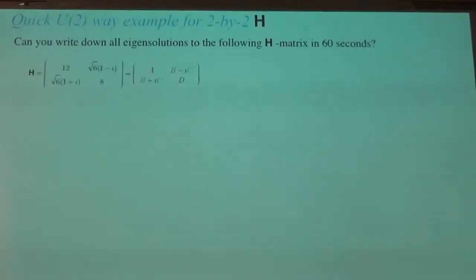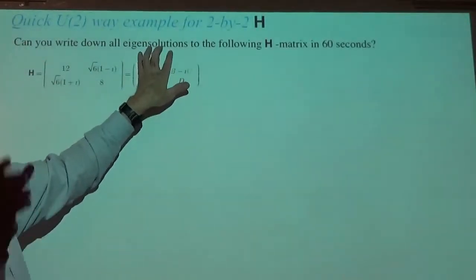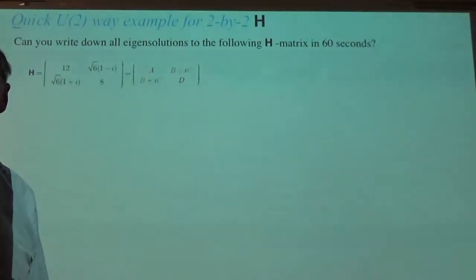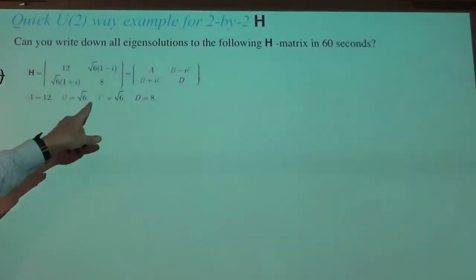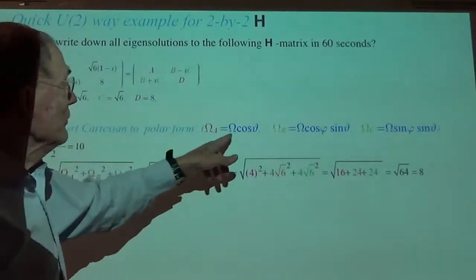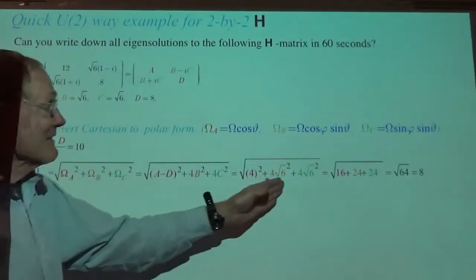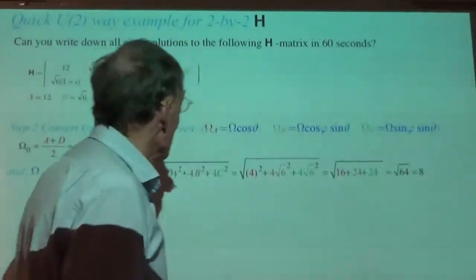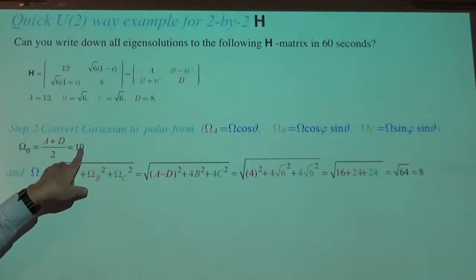I give you a Hamiltonian, I give you 60 seconds to give the eigensolutions, not just eigenvalues, right? Get your A, B, C, and D. Convert to Cartesian polar, but in the process, make sure you got the hypotenuse. There's your eigenvalue that you're going to plus or minus to this. Okay?